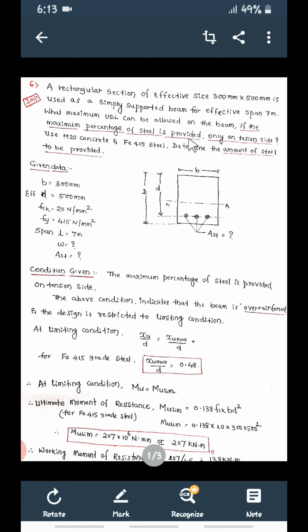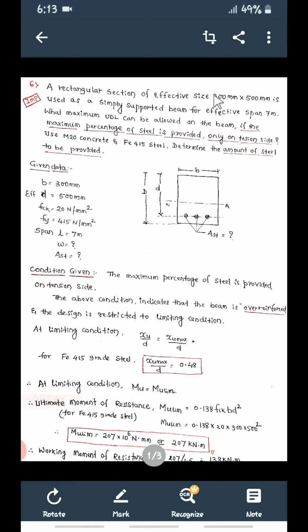So steel provided will be maximum, means it is more than the limiting condition, provided only on the tension side. Use M20 concrete and Fe 415 grade steel, and you have to also determine the amount of steel to be provided. Okay, so I have written here, it is important, so please note that as per your exam point of view, this is important. So try to understand the problem.